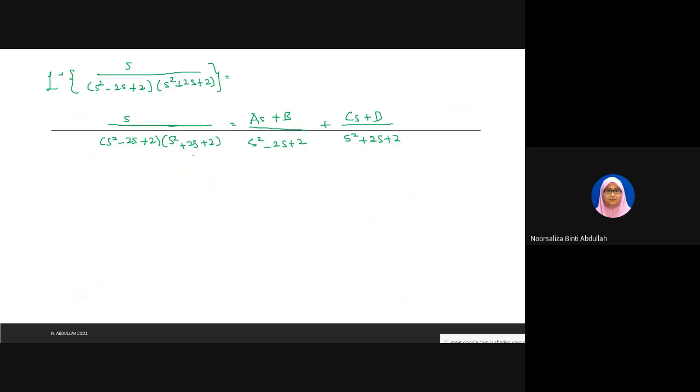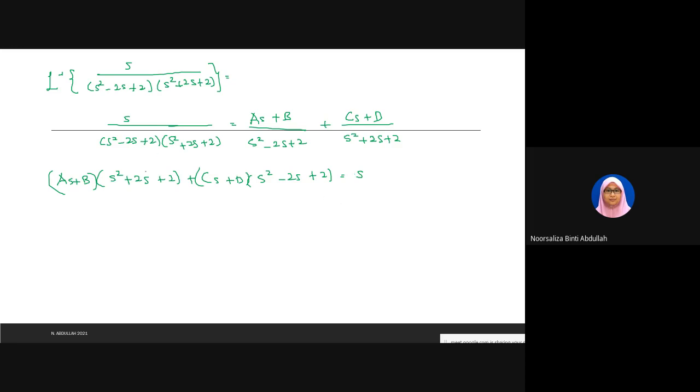Tak ada? Okay, so AS plus B darabkan dengan S kuasa 2 tambah 2S tambah 2 plus CS plus D darabkan dengan S kuasa 2 tolak 2S tambah 2 sama juga dengan S. Ini cara dia panjang sikit.